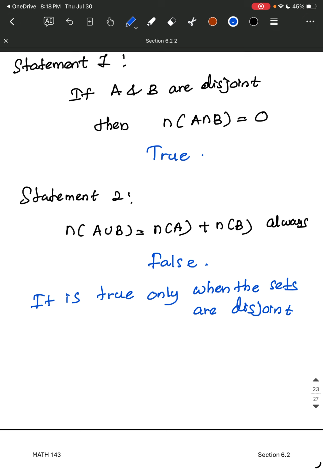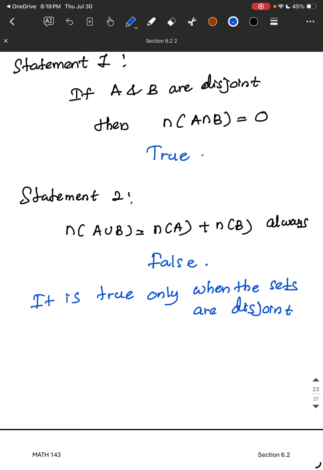Then let's summarize today's lesson. The notation NA represents the number of elements in a finite set, set A. For 2 sets, the addition rule is used to count the number of elements in at least one set. We subtract the intersection because those elements were counted twice.